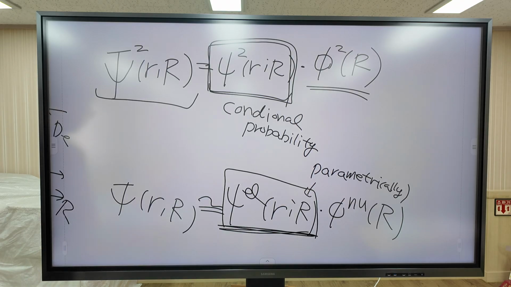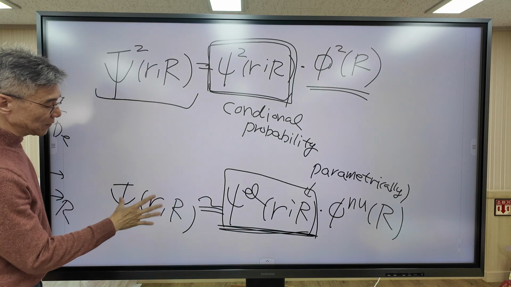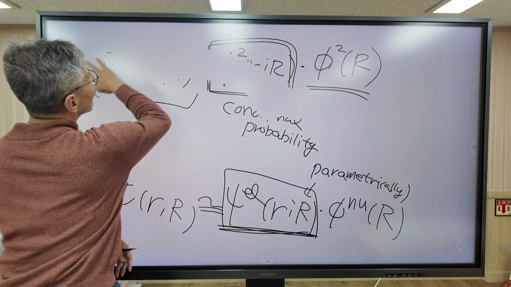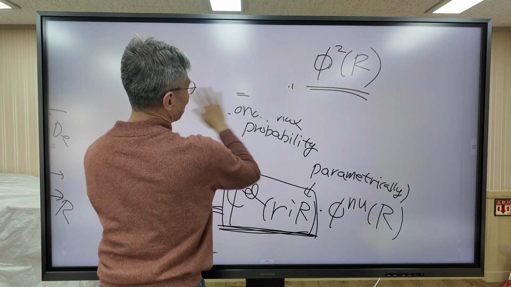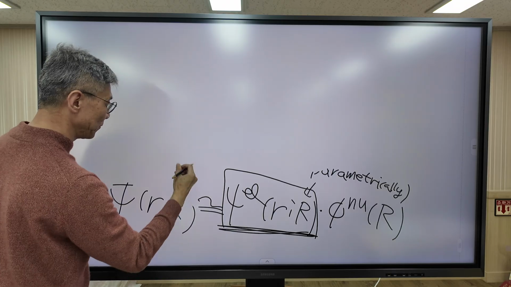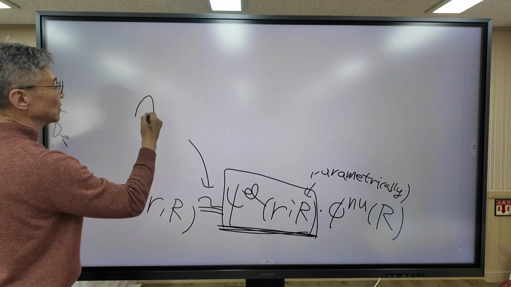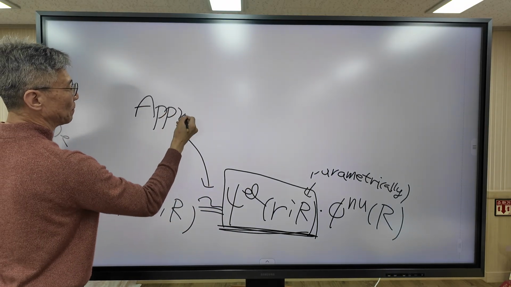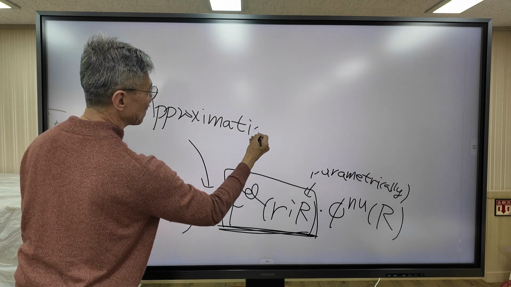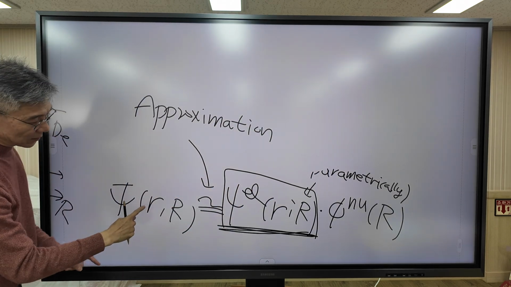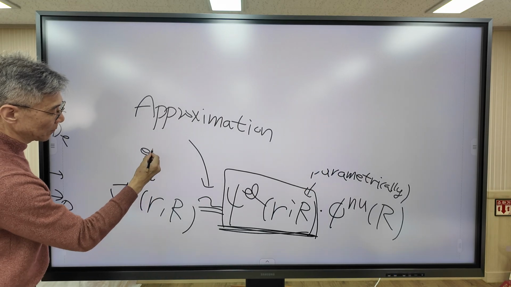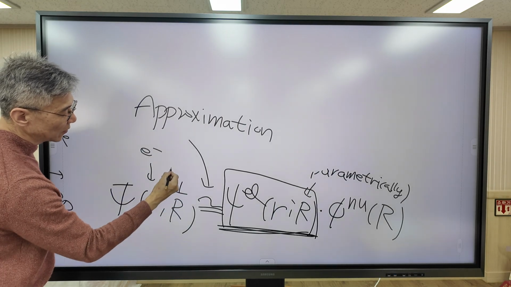But be careful: when you express this function as a simple product of these functions, it is an approximation. Because small r represents the coordinate of the electron, and this is the coordinate of the nucleus.